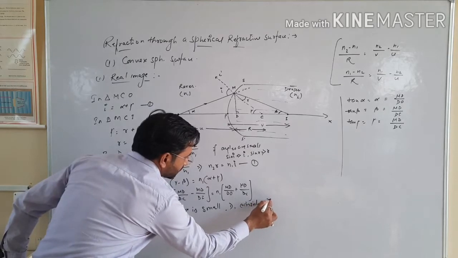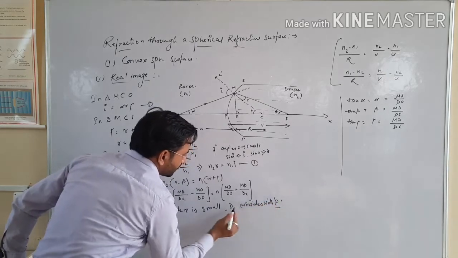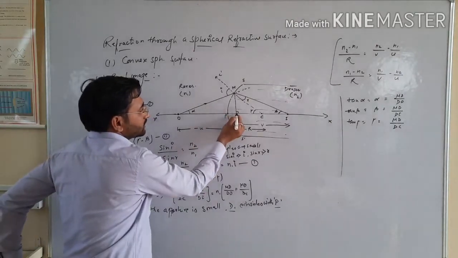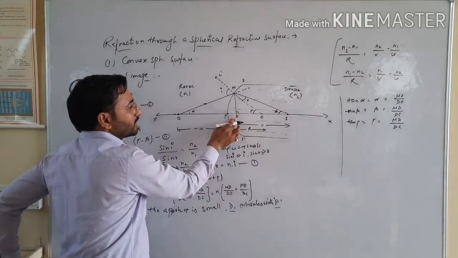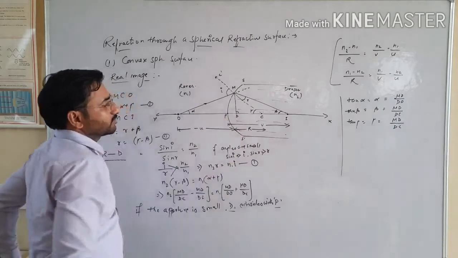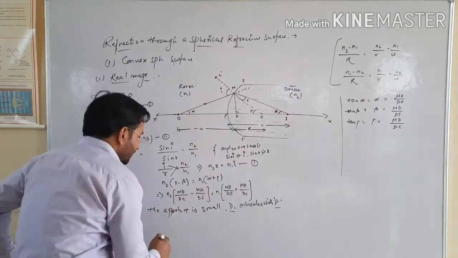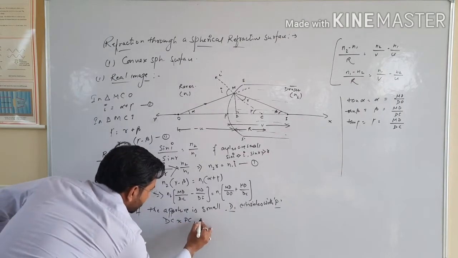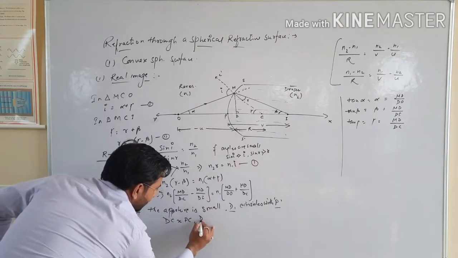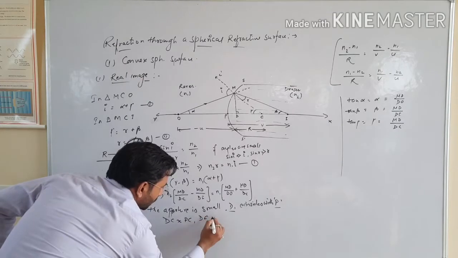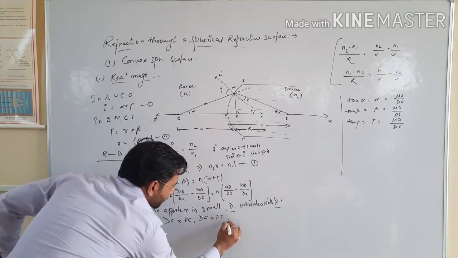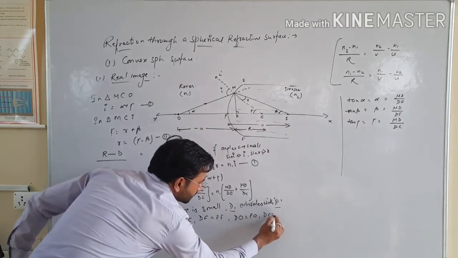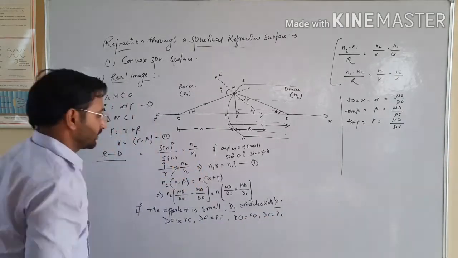So for this condition we will measure all the distances not from point D, we will measure them from the point P. So DC is converted into PC, you can see here, and DI is converted into PI, and DO is equal to PO, and DC is equal to PC. Point clear?